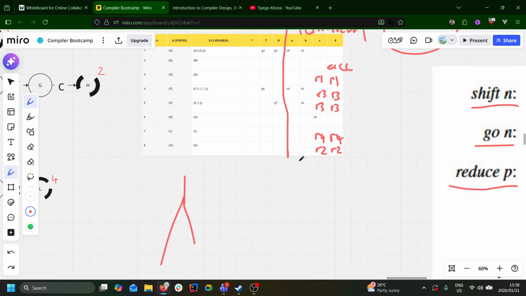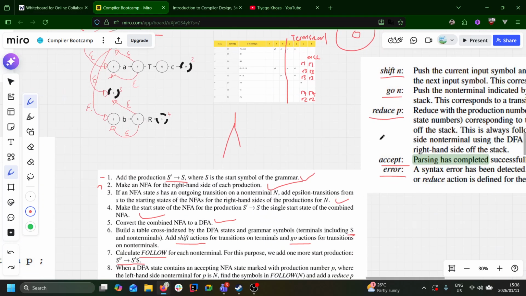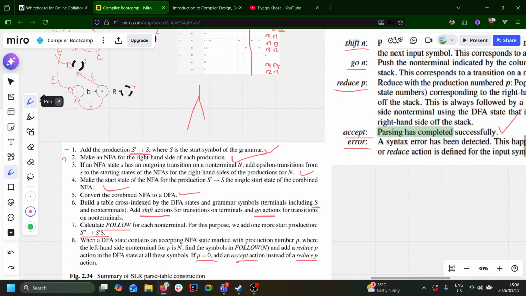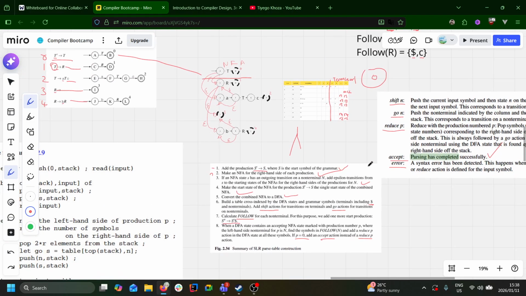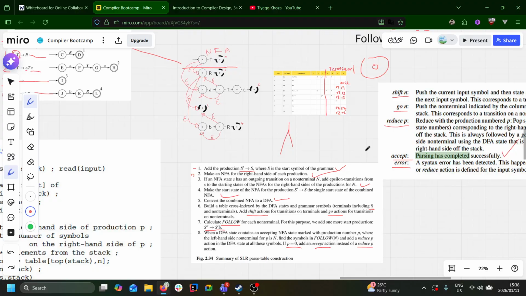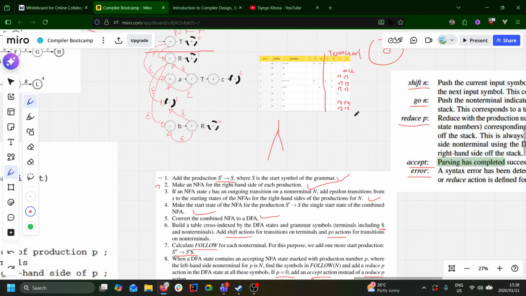So that's a sign that SLR does not support the grammar if there's a clash of actions. So those are the two things: that's how to know if there was a mistake or your grammar is not correct. And that is how you produce your SLR parse table.